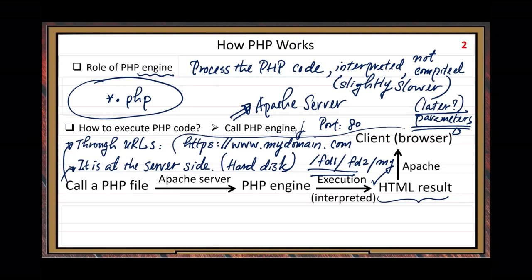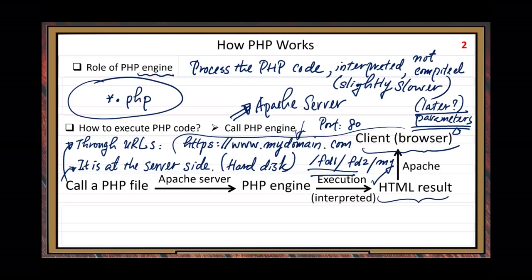So Apache sends the content back to the user, and the user's web browser just displays the whole web page containing HTML content. Sorry, not PHP code, HTML content. There is no PHP code in the returned result, because the PHP engine already processed the PHP code.